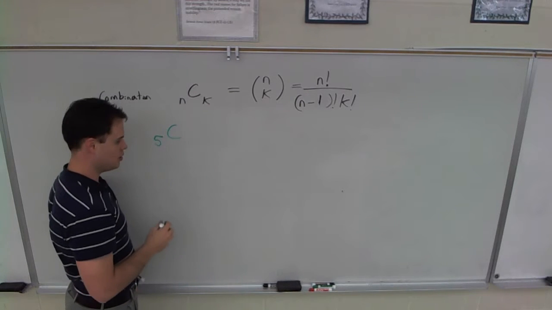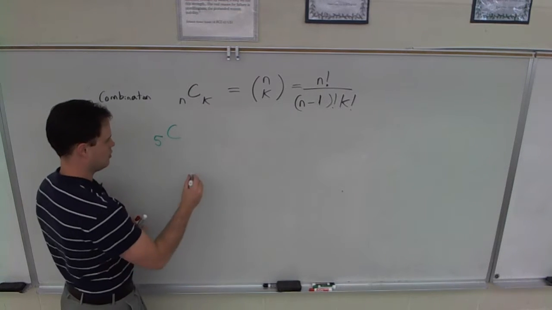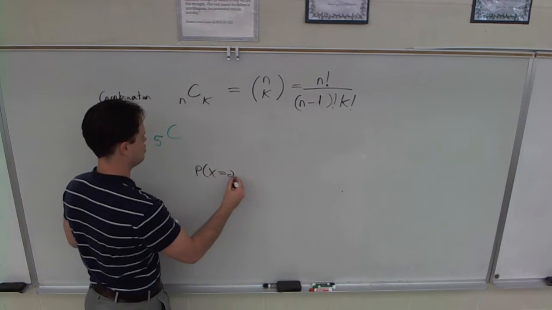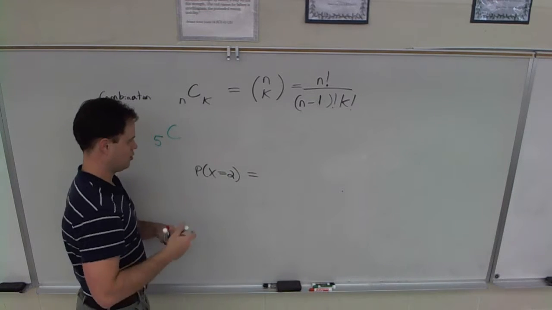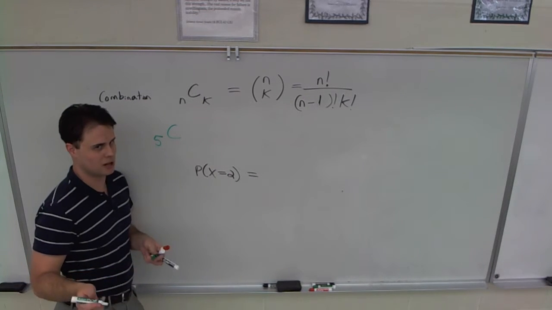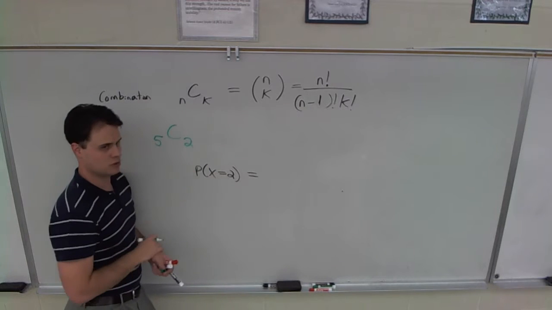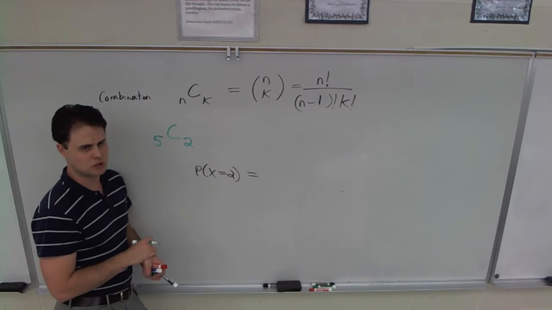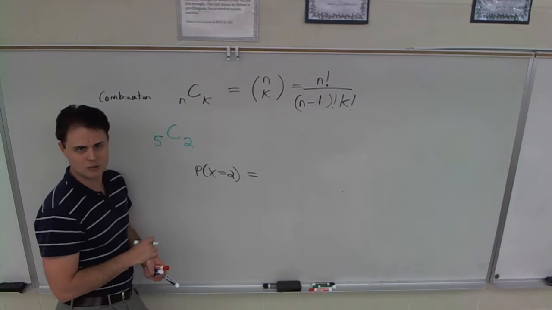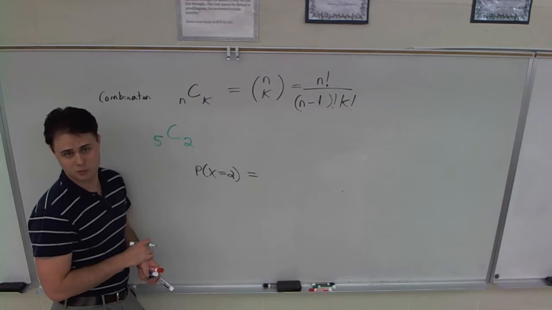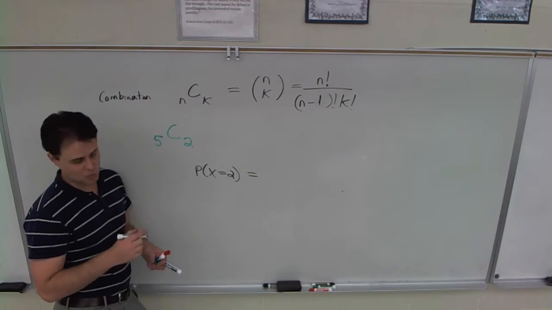And for the probability that x was 2, we're saying she got how many right? 2. So 5 choose 2. 5 choose 2 works out to what? We did it the long way, and we got 10. So it's supposed to be 10.